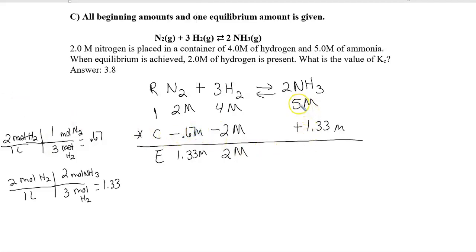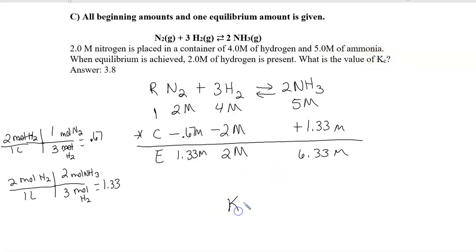All right, now look, I'm going to add. So I'm going to get 6.33 M. Do you remember what our goal was? Our goal was to get down to the E because we were looking for that K. Because I didn't know the K, I knew that I wasn't going to have X's in my table.